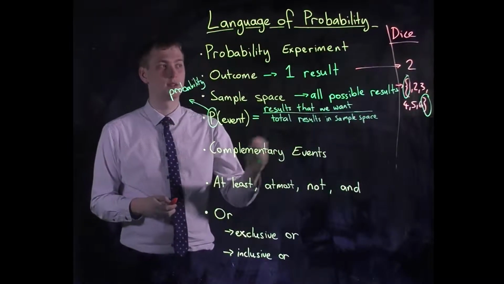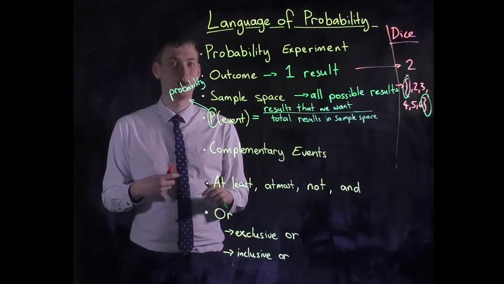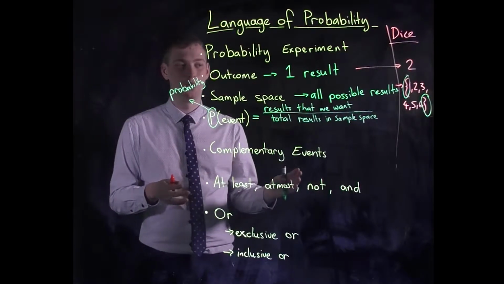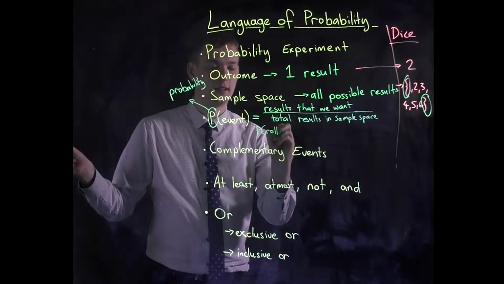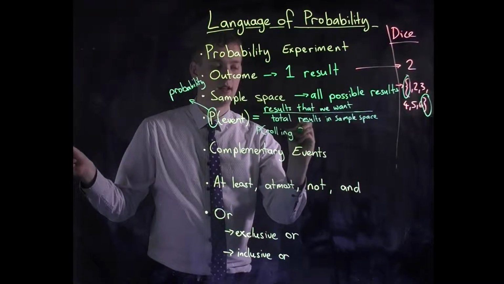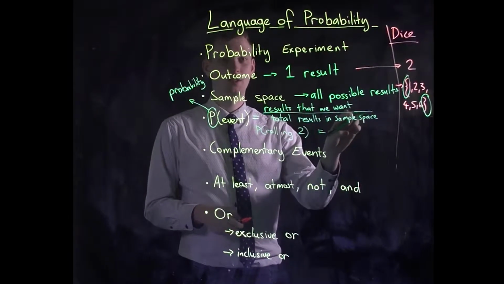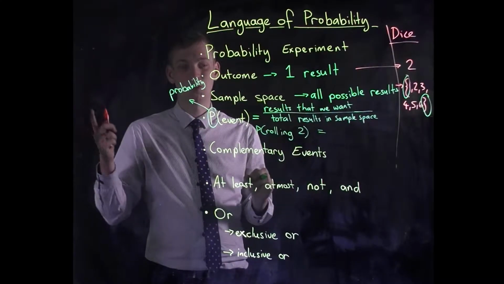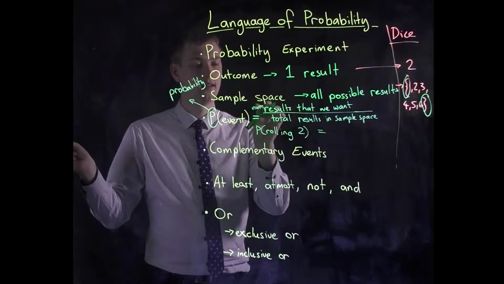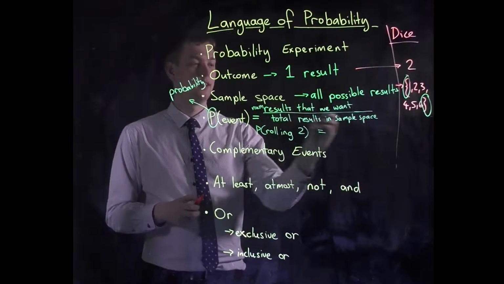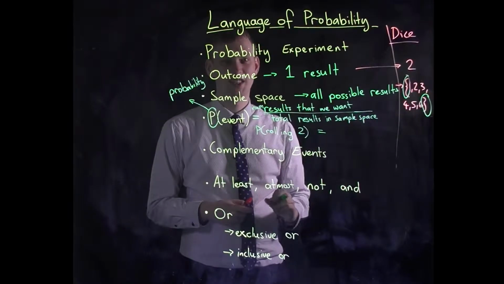So if we go back to our dice situation, if we wanted to work out the probability of rolling a 2, we would write something like P of rolling a 2. In this case, the number of results that we want is just one: the only result that we want is a 2 being rolled.